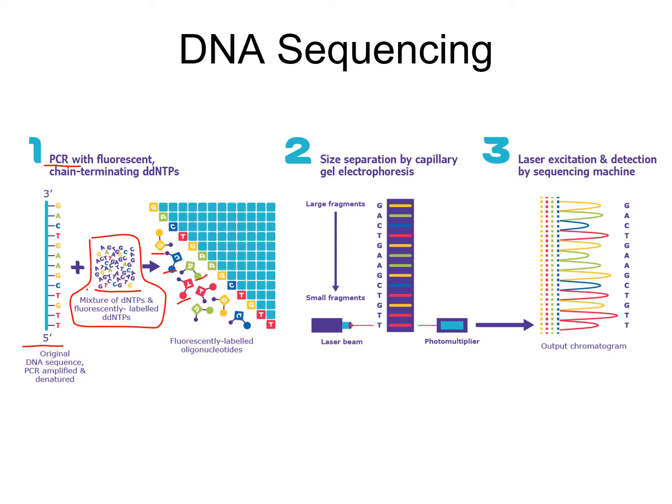The other thing about this labeling is when one of those labeled nucleotides is added to a copy of DNA, replication stops. So as soon as one of those nucleotides is added, then no more nucleotides can be added to the growing chain of DNA.